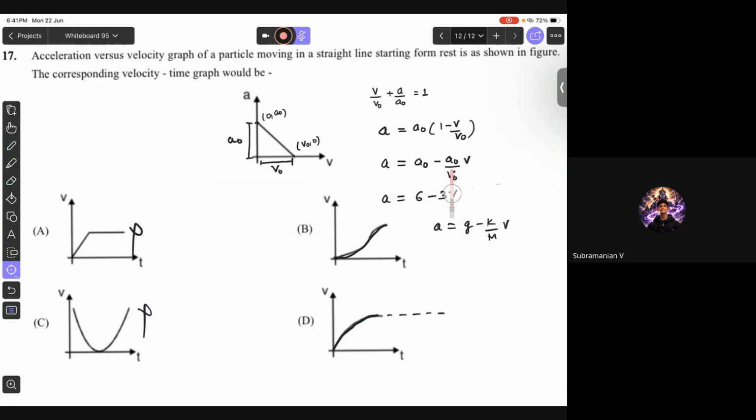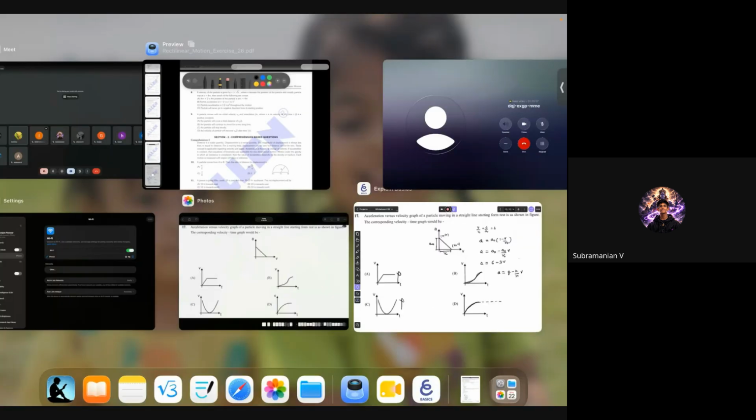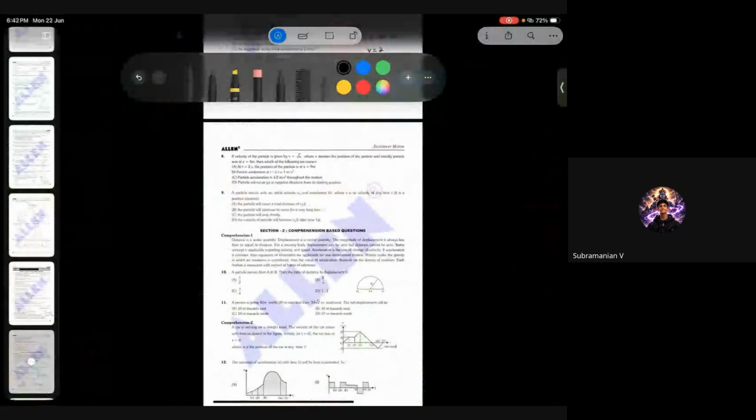Instead of k by m, I have A naught by V naught. Same kind of function. So exponentially increasing. That's why I told you, remember that. This question came in the exam of the elite batch, a recent exam. Clear? Now you will try question number 9.